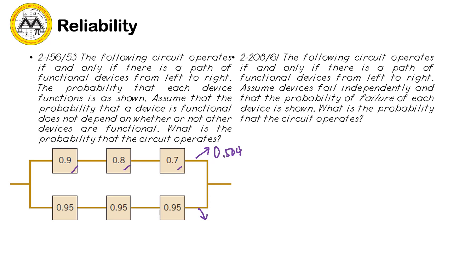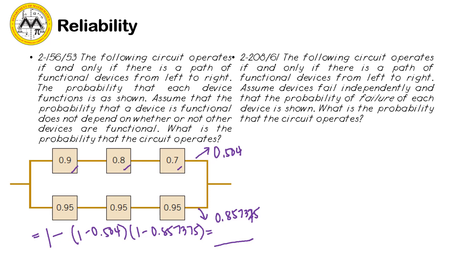Next, the reliability of the three 0.95s would be 0.857375. So the total reliability is 1 minus 0.504 times 1 minus 0.857375. And then you can evaluate that.